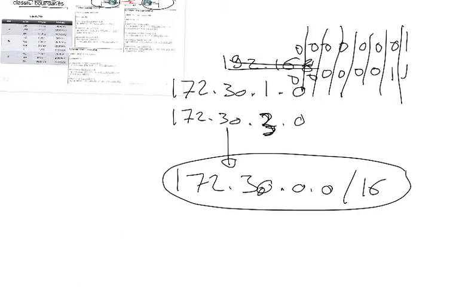That's the only way you can support discontiguous networks. However, the default mode for EIGRP uses auto-summarization, and auto-summarization uses classful boundaries, in which case this discontiguous network problem still exists.